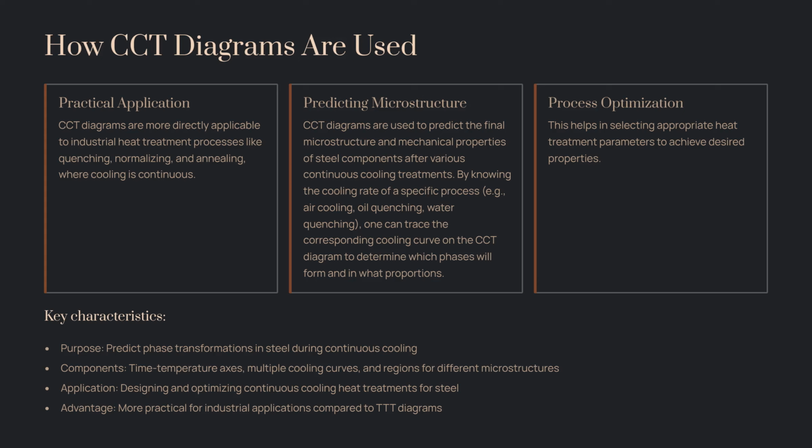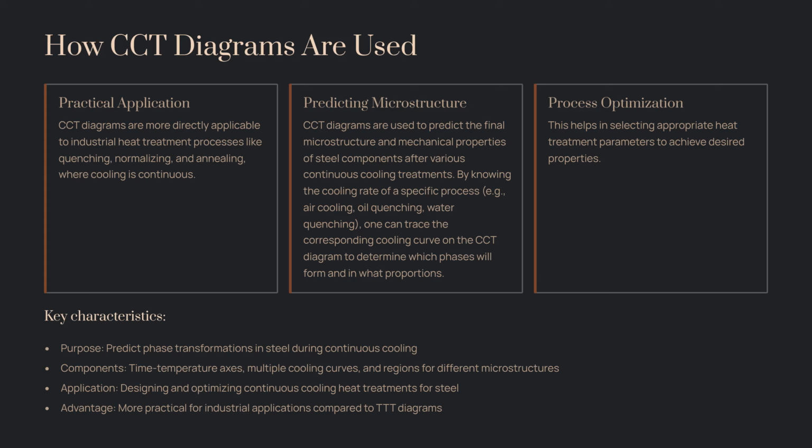This is because continuous cooling provides less time for diffusion-controlled transformations to occur at any given temperature. Practicality: CCT diagrams are more directly applicable to industrial heat treatment processes, like quenching, normalizing, and annealing, where cooling is continuous.